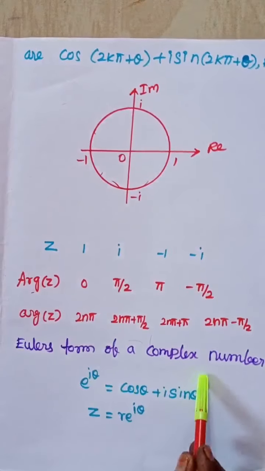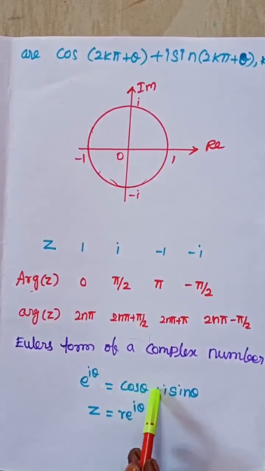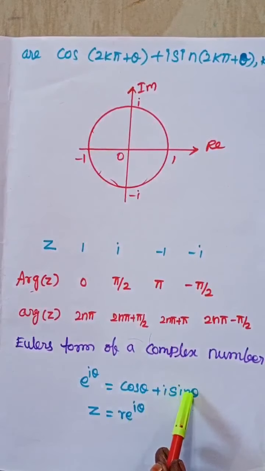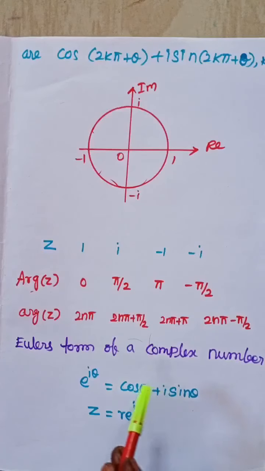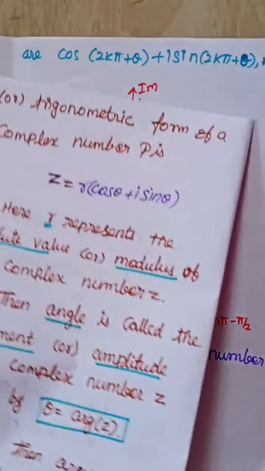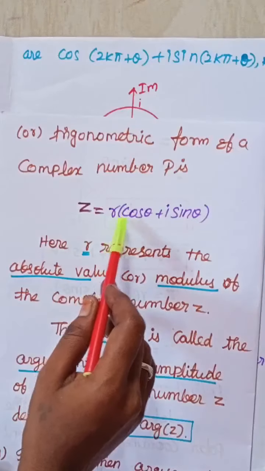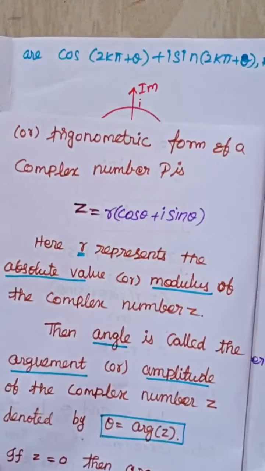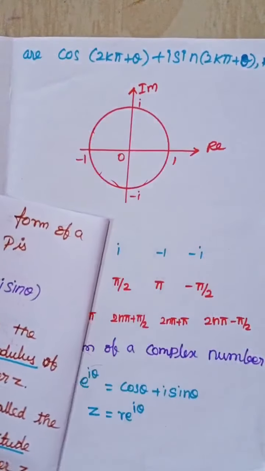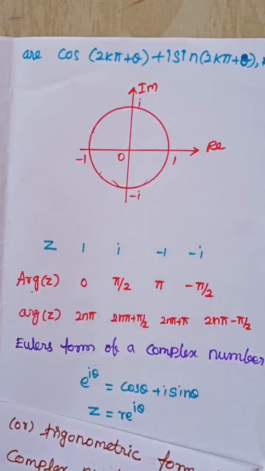See, Euler's form of a complex number. Euler's form is e power i theta equal to cos theta plus i sin theta. This term, have you already heard it? Yes. Polar form of a complex number is z equal to r into (cos theta plus i sin theta). What is it?